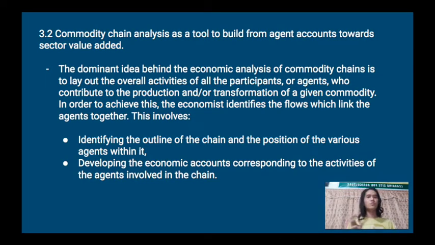And then 3.2, chain analysis is a tool to build from agent account toward sector value added. The dominant idea behind the economic analysis of commodity chains is to lay out the overall activities of all the participants or agents who contribute to the production and or transformation of a given commodity. In order to achieve this, the economist identifies the flows which link the agents together.